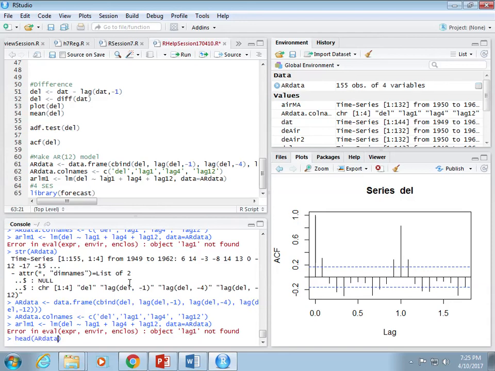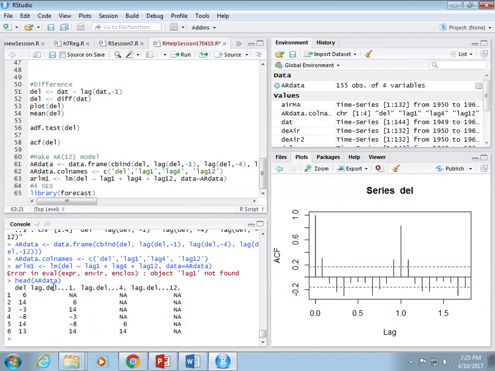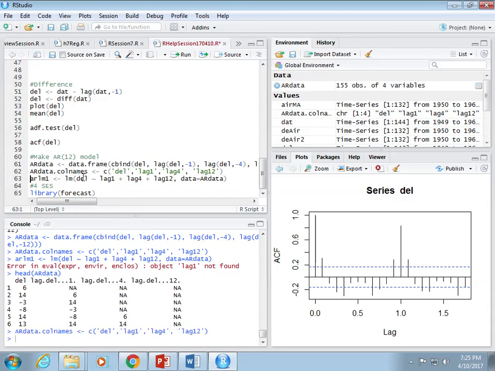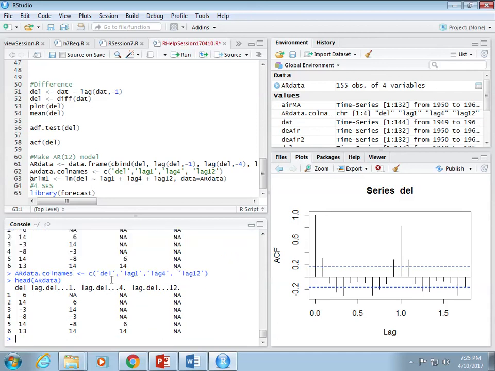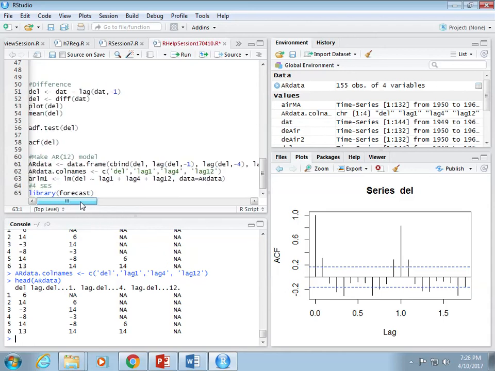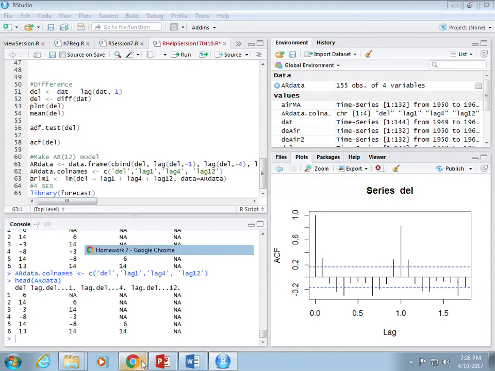Sorry, troubleshooting here. Change column names.